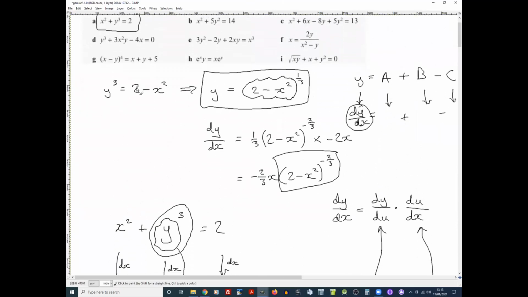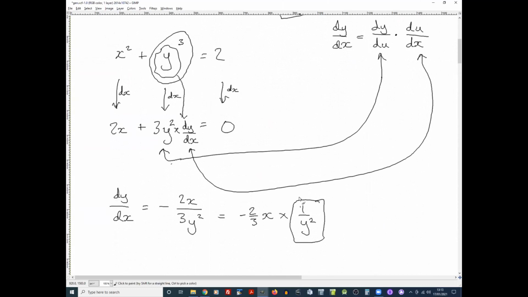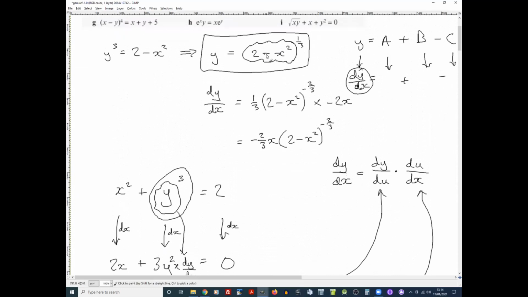But then if we took the trouble to make y the subject, which is that, what's the square of that? See why I'm asking you that? Because we want the square of y on the bottom here. Let's write it as y to the minus 2. Even better. So what's this, which is y to the power of minus 2?